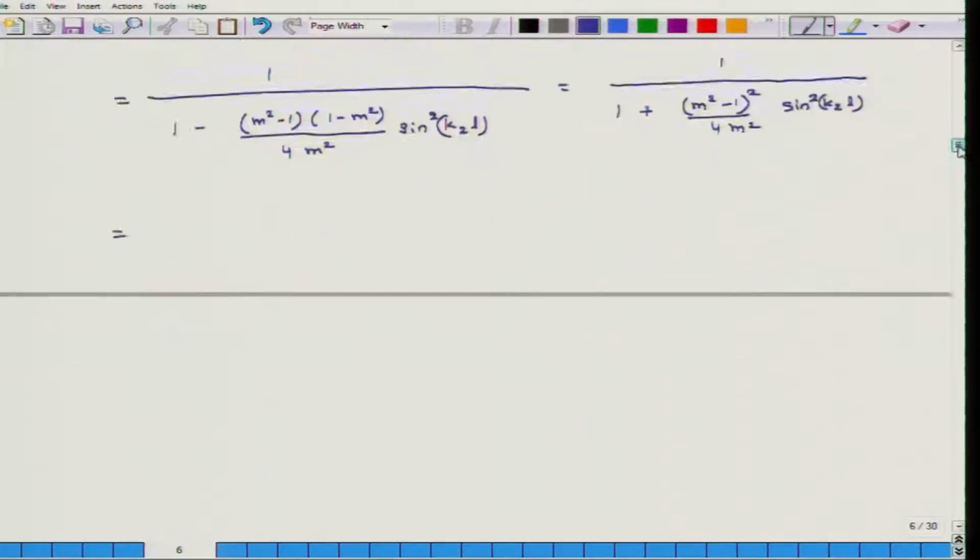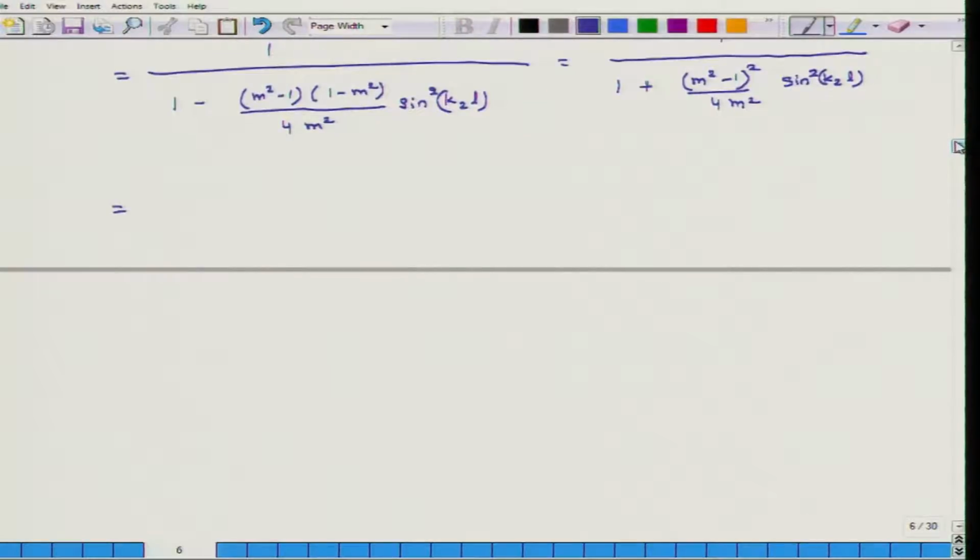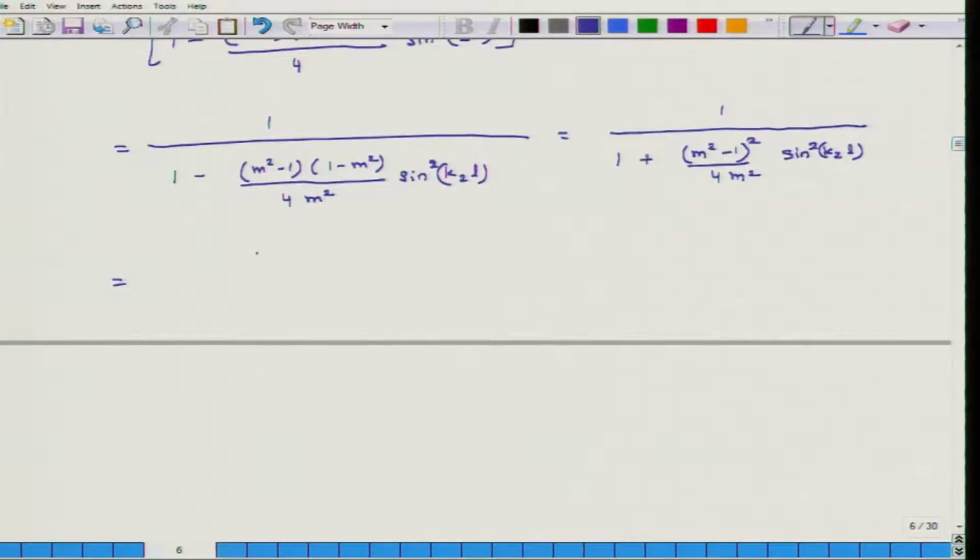Finally, we bring it into its final form. This is equal to 1 over 1 plus (m minus 1 by m) whole square, divided by 4, times sine square k2L. So, that is my transmission coefficient.